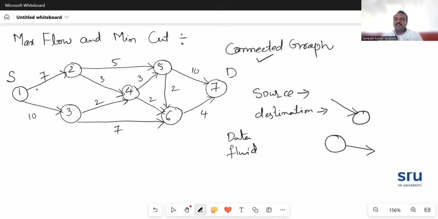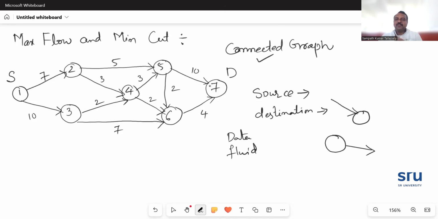Every edge connecting each pair of vertices has a value, and that value indicates the capacity of the edge. Capacity means that this edge can carry only 5 units of fluid from this vertex to that vertex. If I say 10 here, this edge has the capacity to transfer only 10 units of fluid from the 5th vertex to the 7th vertex.